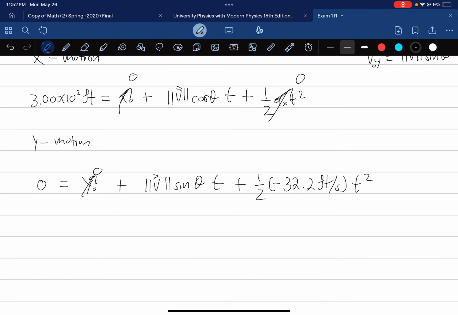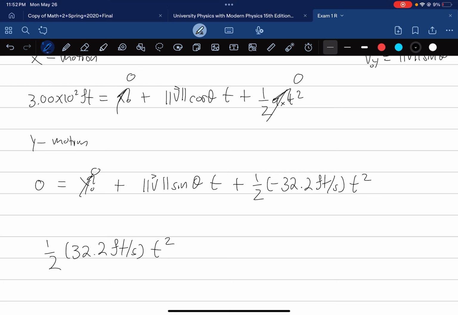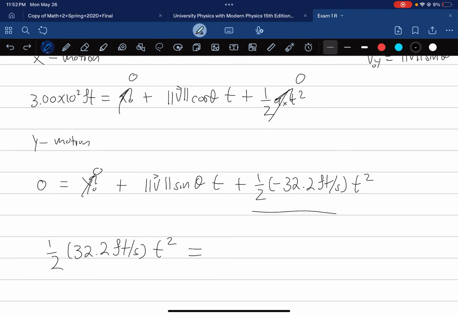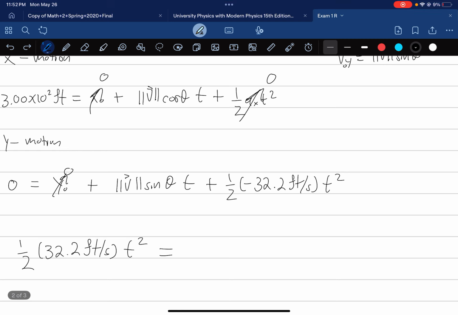Since it's already a negative, that's going to help a lot, so we can bring this to the other side: 1/2 of 32.2 feet per second squared, t squared, just so nobody gets lost, is equal to the magnitude of v sine theta t.